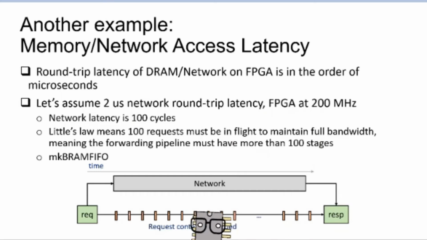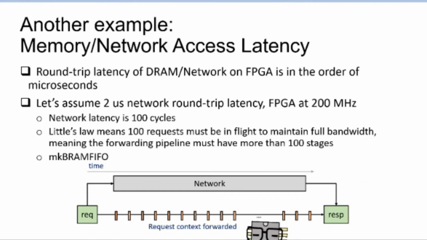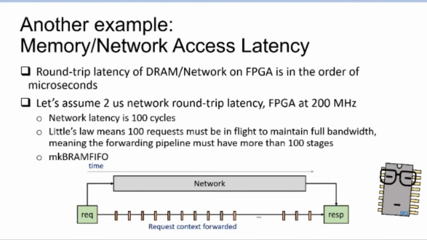So if we do a read request over the network, Little's law means that 100 requests must be in flight to maintain full bandwidth, meaning the forwarding pipeline should also have more than 100 stages. We'll talk about why in a bit, but a FIFO with 100 stages is fairly difficult to fit on chip, so we'll have to use something different, but we'll talk about that later.